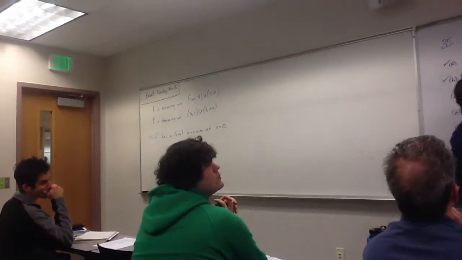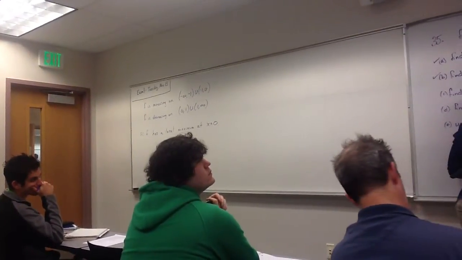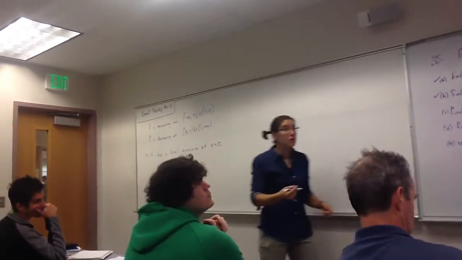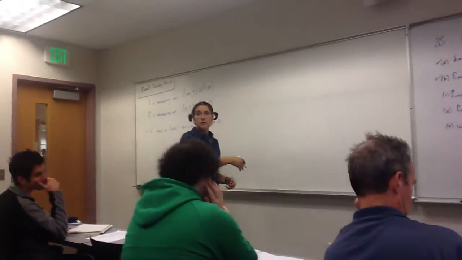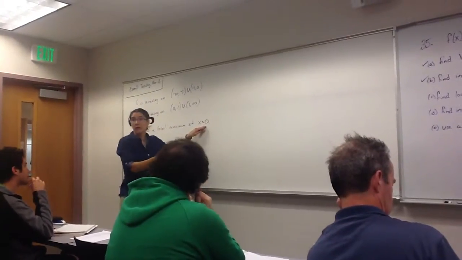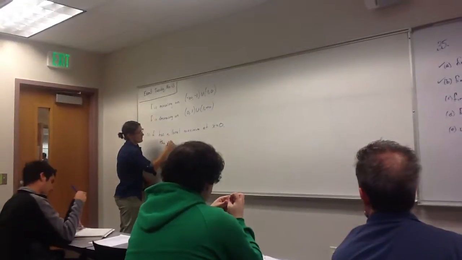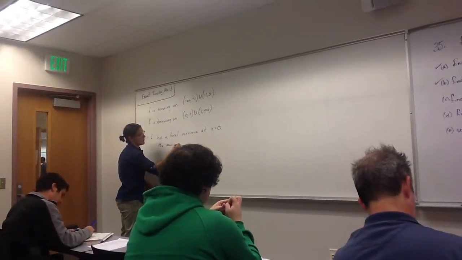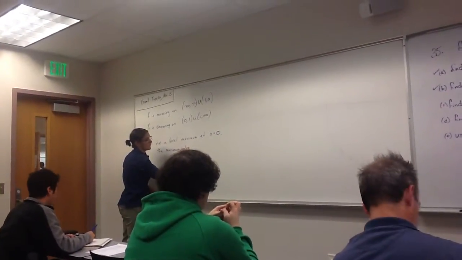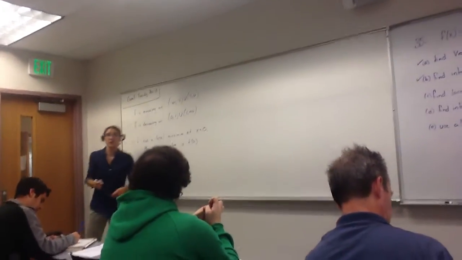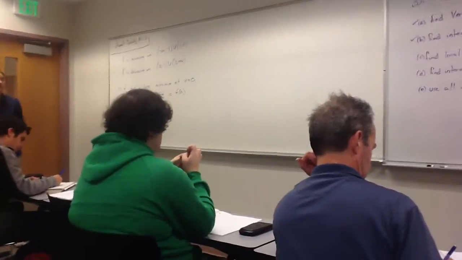When I see the word values, that means the y value. Okay? So our local maximum occurs at an x value of 0, and the maximum value, the local maximum value, is we have to plug 0 into our original function and get the y output value.